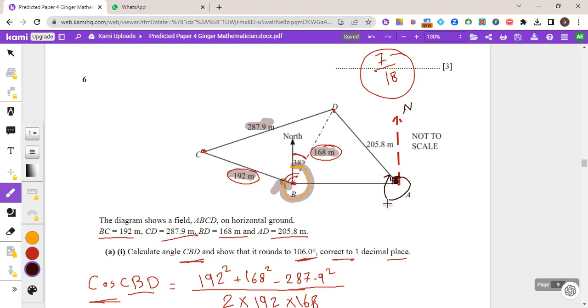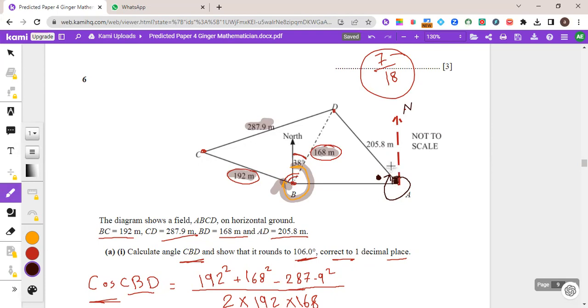Okay, so how to solve it? We need to get the angle DAB. The angle of the triangle, not the bearing. This one first, so we can subtract it from 90. Yes.